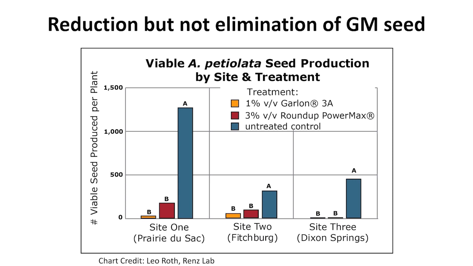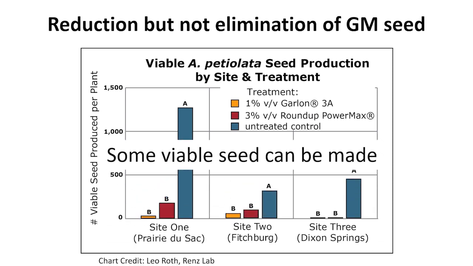So while we are getting a large-scale reduction in viable seed, we are not eliminating viable seed, and therefore we can use this as a control method, but this is probably not the ideal control method we want to utilize. This is kind of a last resort if we miss that window. Still try and make those applications before those plants flower, either to rosettes or early in the spring to bolting plants if at all possible.